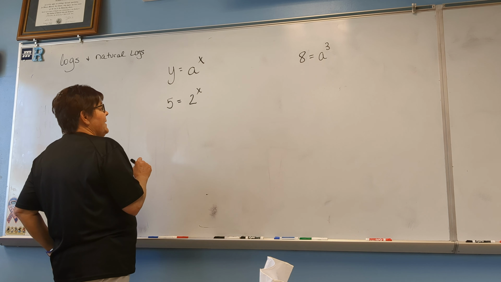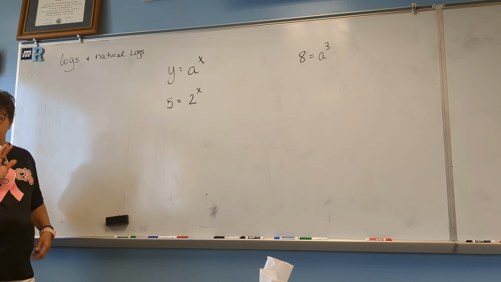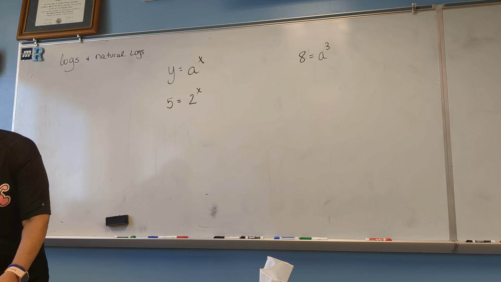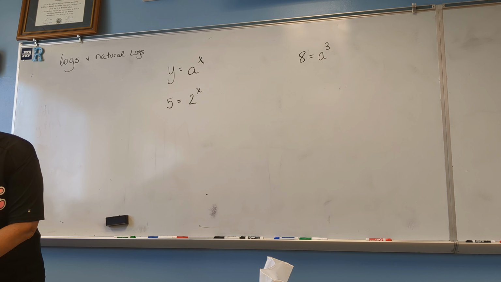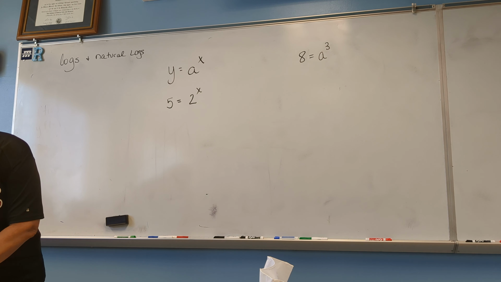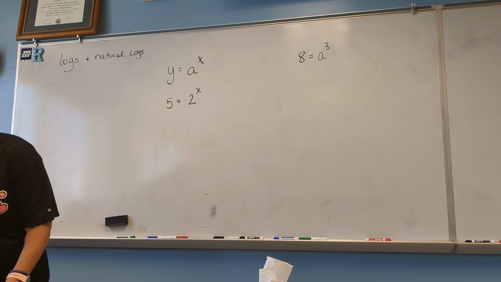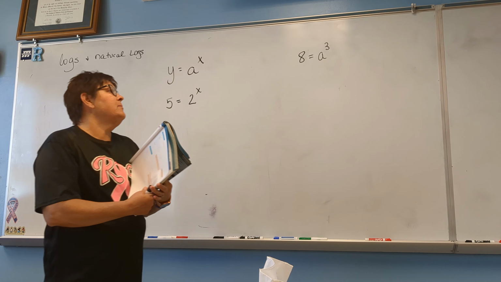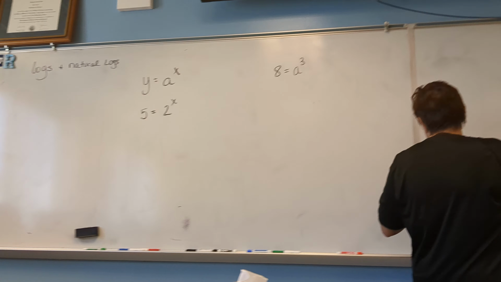The way you go about doing this is you use some of the properties we have for logs. I don't like the way they write them, but we're just going to go with it. They have multiple ways to work with logs.